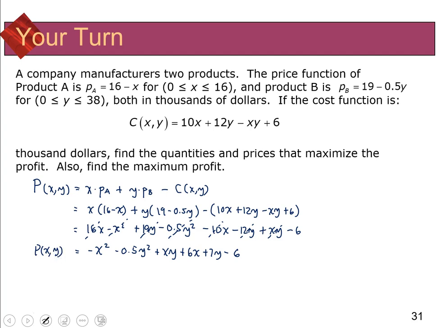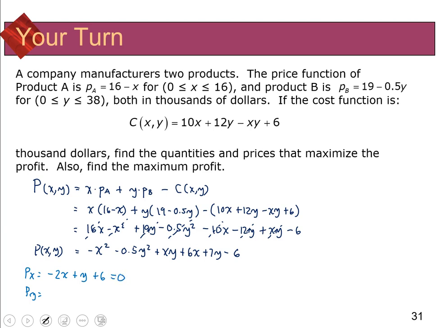So now the next stage is I've got to figure out the partial derivative with respect to x and the partial derivative with respect to y. The partial derivative with respect to x is going to be negative 2x plus y plus 6, and I'm going to set that equal to 0.